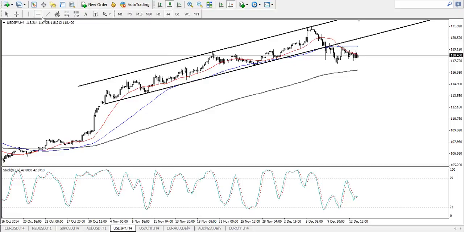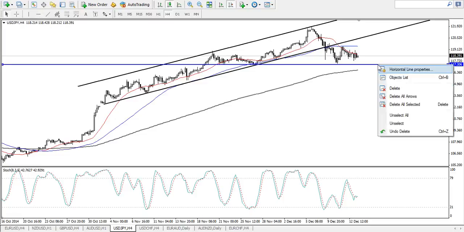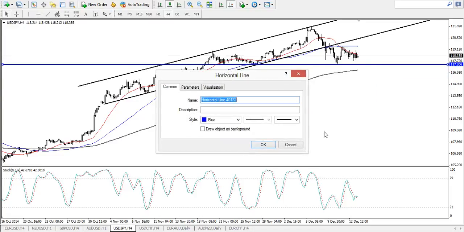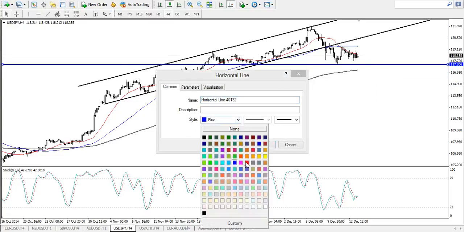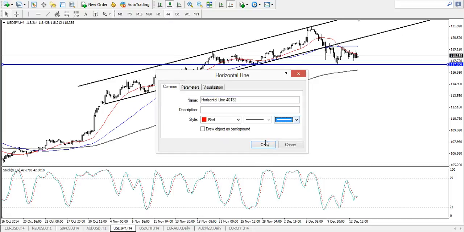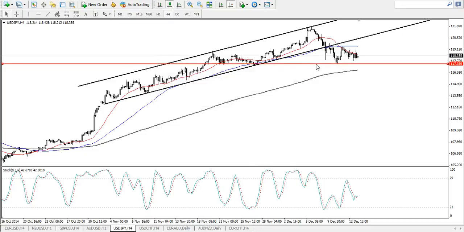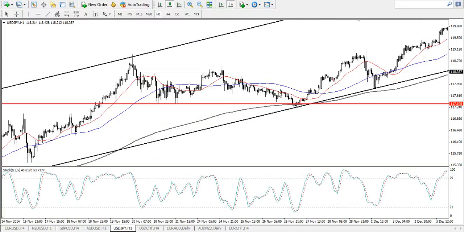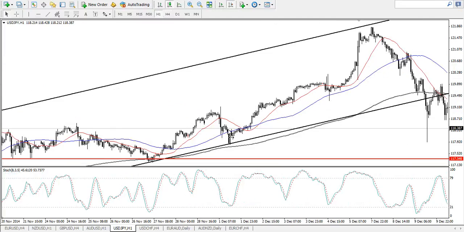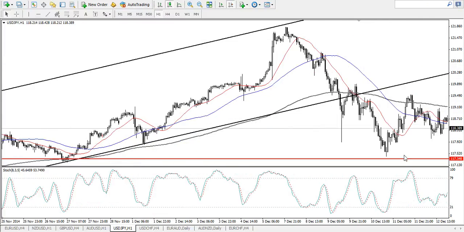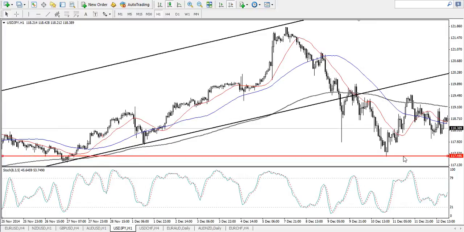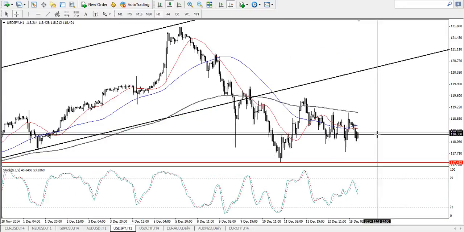But one thing to take note of is that the price of 117.32 has proven to be a very strong support level. If I zoom in on the 1 hourly chart, as you can see, it's a strong support level. Price came all the way down and touched the same level again.